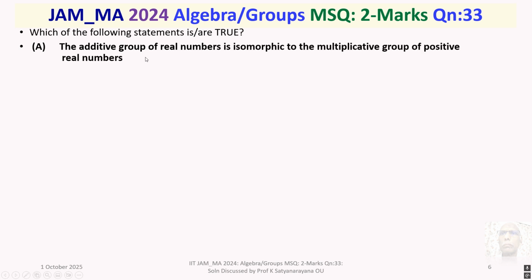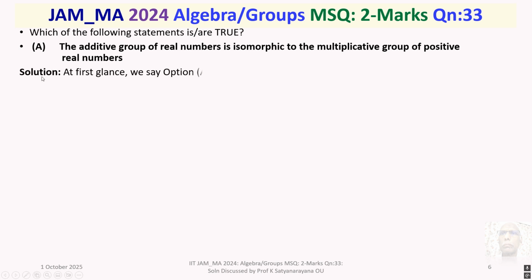The additive group of real numbers, that means the set of real numbers R under addition, is isomorphic to the multiplicative group of positive real numbers, that is R plus under multiplication.